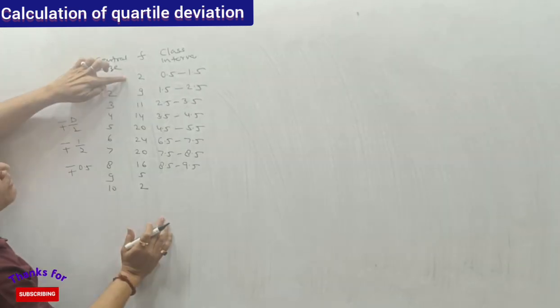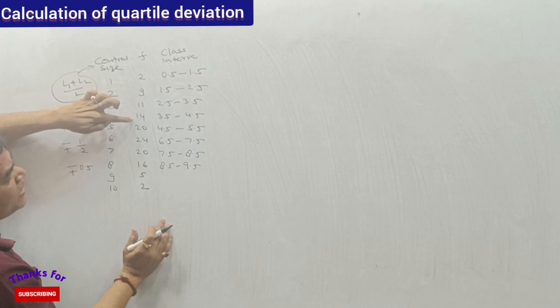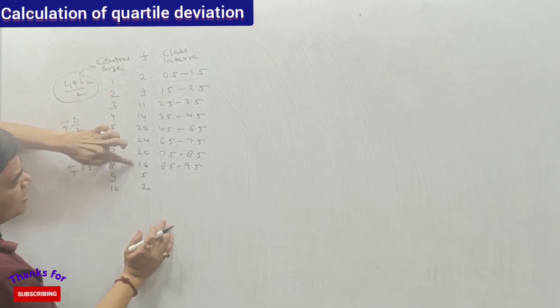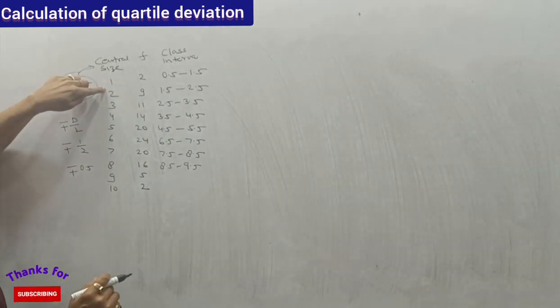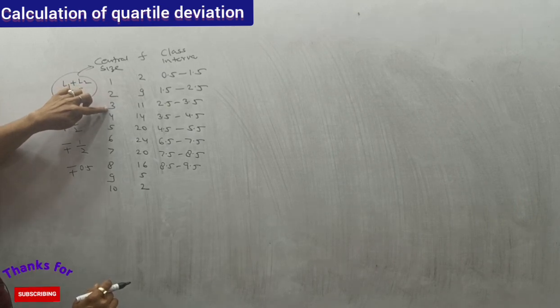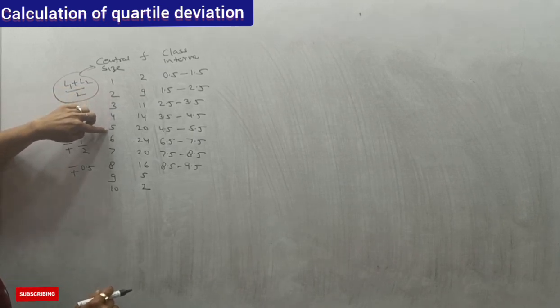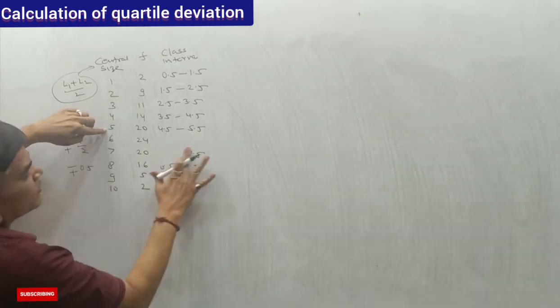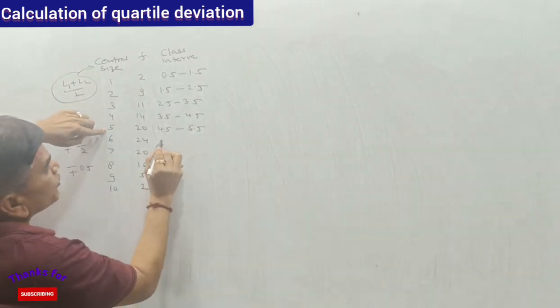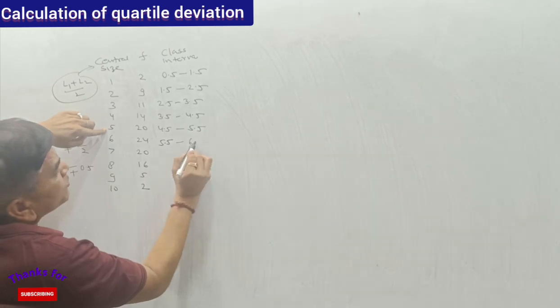That may be 0, 1, 2, 3. 2, 4, 2, 4, 3, 4, 4, 4, 5. Here we have lost 1, 1, 5.5 to 6.5.